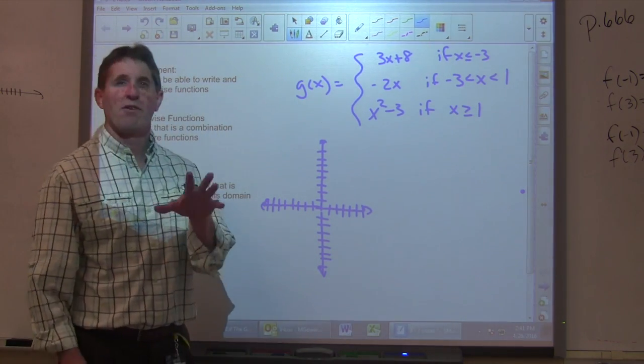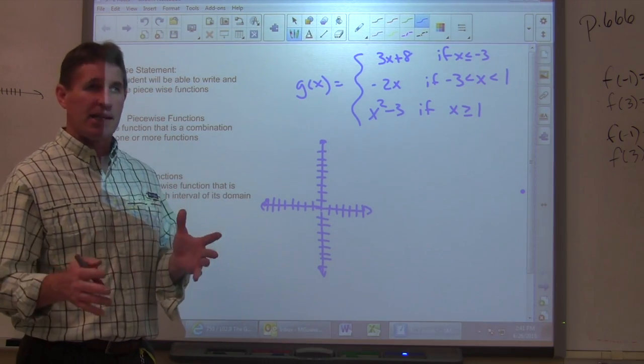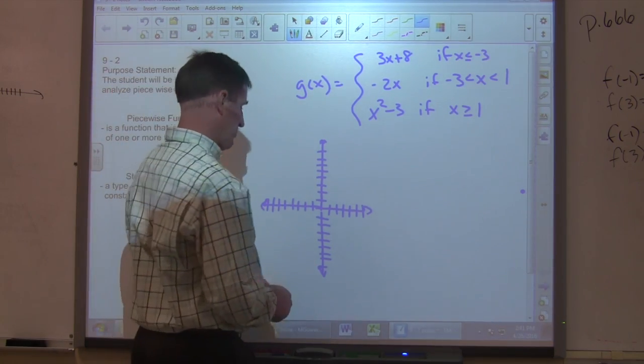So the first way, for those of you that are visual learners, this might help you or might make it a little easier for you. I wouldn't do it this way, but you can do it either way, and I'll show you both ways.